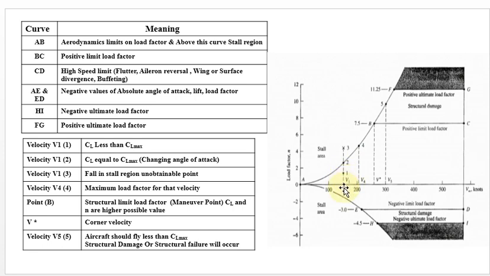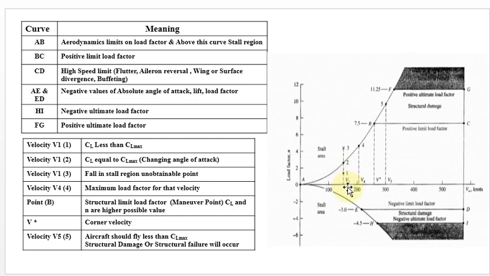So what is the meaning of V1? The aircraft is flying at some velocity, and we consider that velocity as V1. If the aircraft is flying at velocity V1, the first point, point 1, denotes the condition where the CL value is less than CL max.